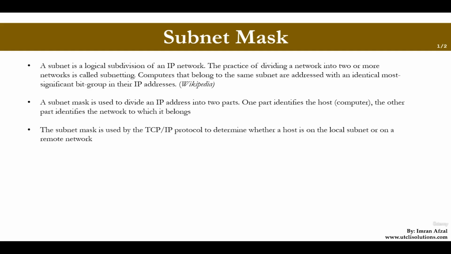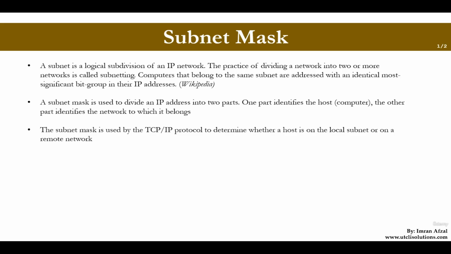To summarize, we need subnetting on our network to avoid a lot of bandwidth or traffic from one system to another. If it's local communication, it doesn't have to go to the router, it can stay local. That's why we need subnetting.